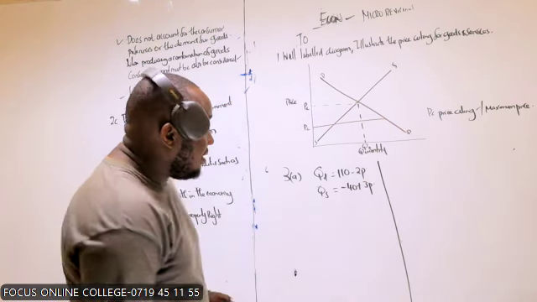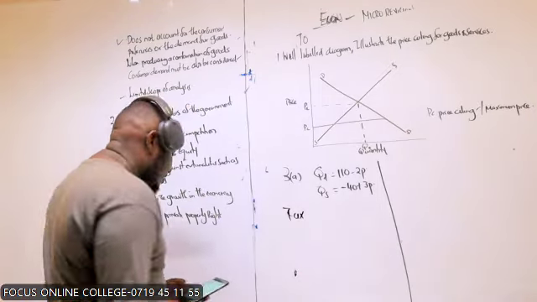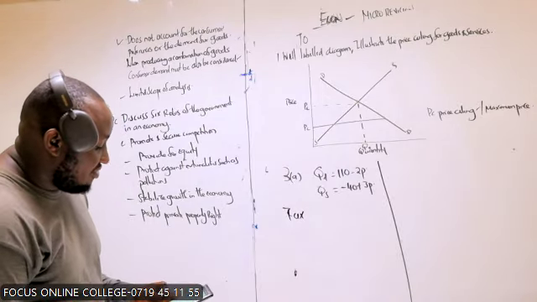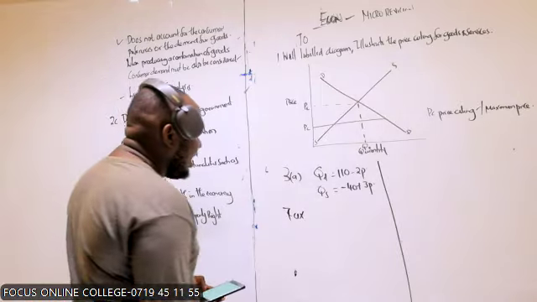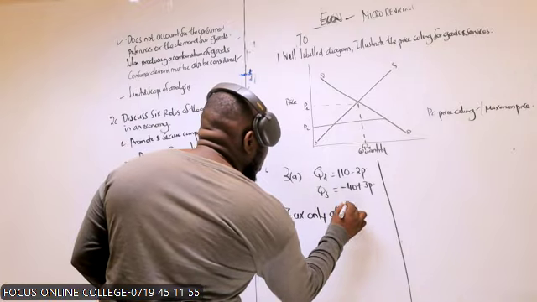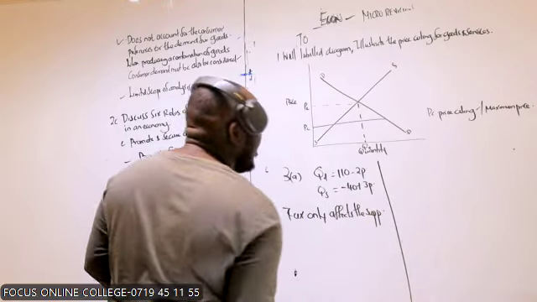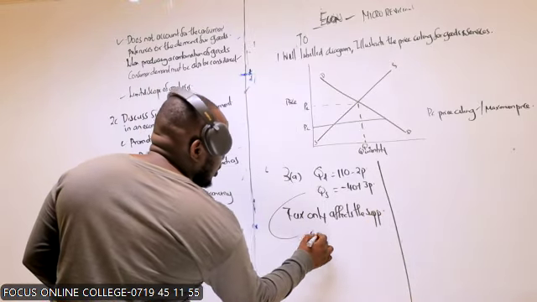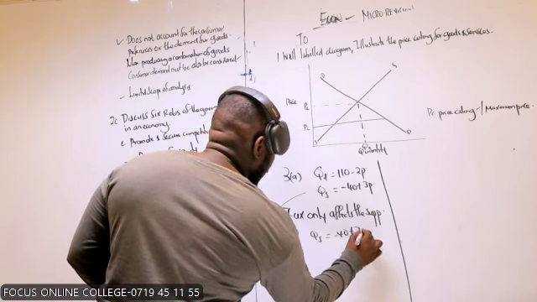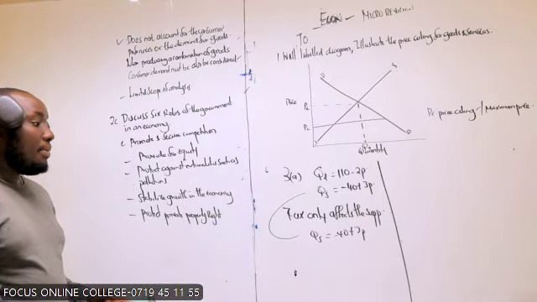So understand that the tax only affects the supply. Here is the supply function, which is QS is equal to negative 40 plus 3P.